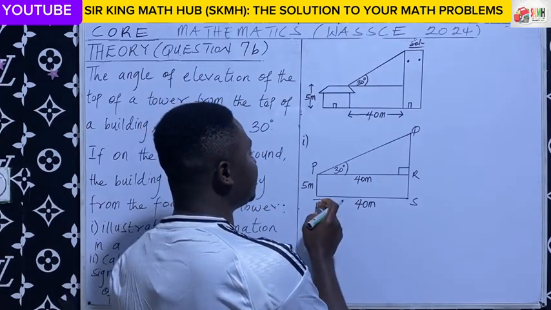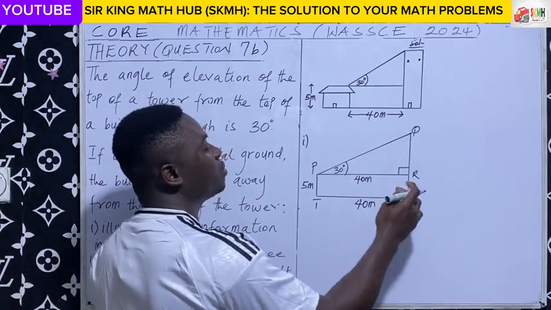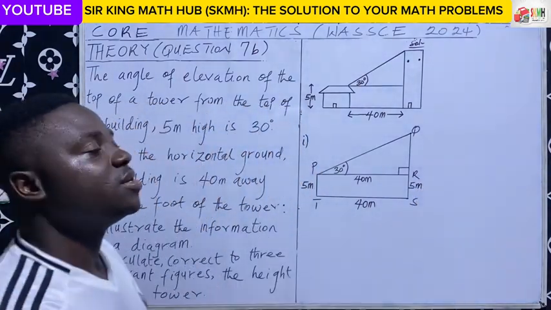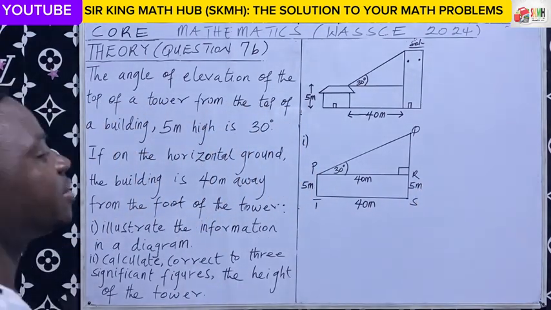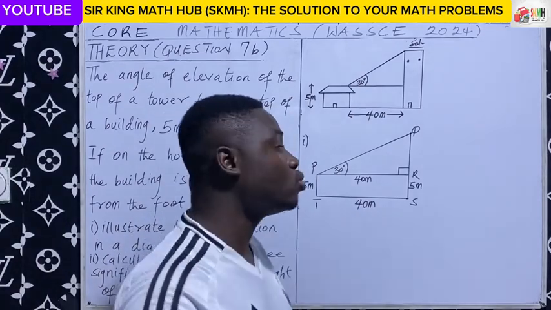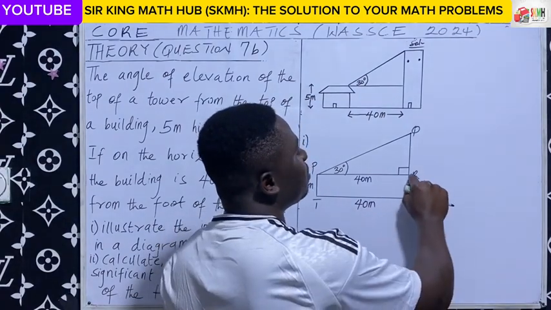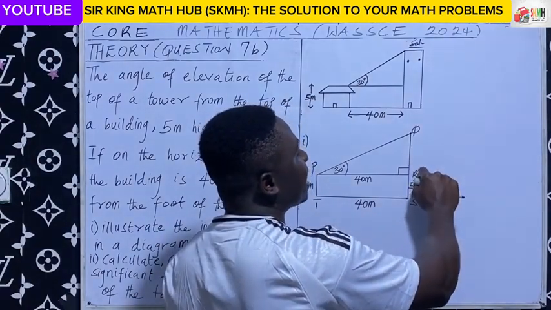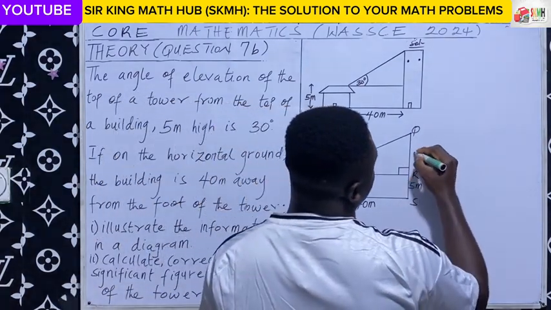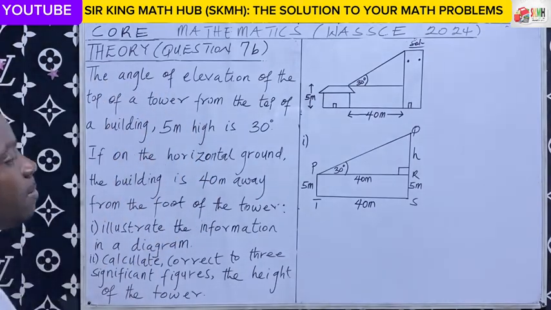Again, if line TP measures 5 meters, then line SR will also measure 5 meters. So for the full height of the tower, the full length has been divided into two. One part measuring 5 meters, and then one part giving us line RQ. So I'm naming line RQ as H to make the calculation easier.